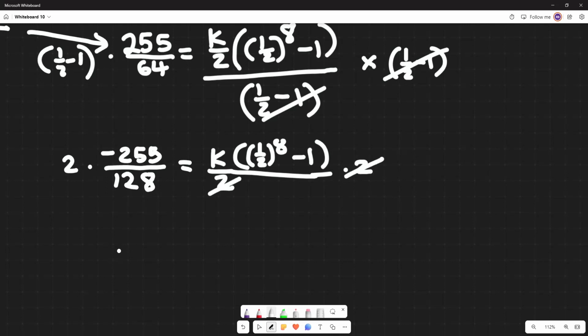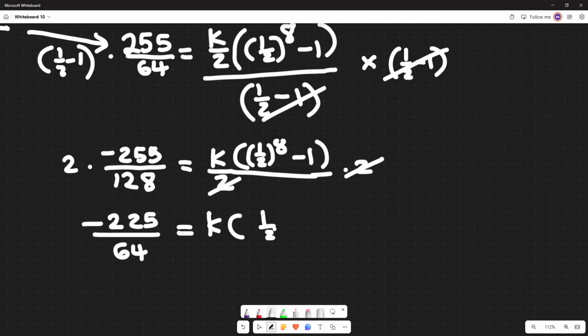Perfect. And then I'm multiplying by 2, so whatever answer I have, I'll multiply by 2. I have negative 255 over 64, which is equals to k.